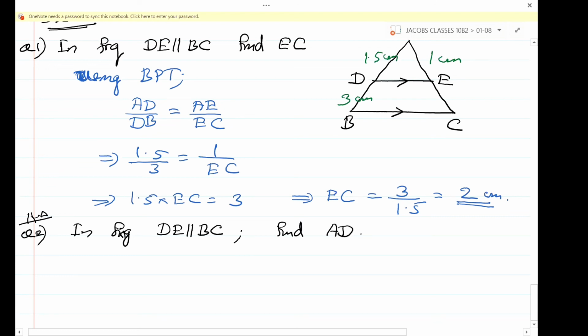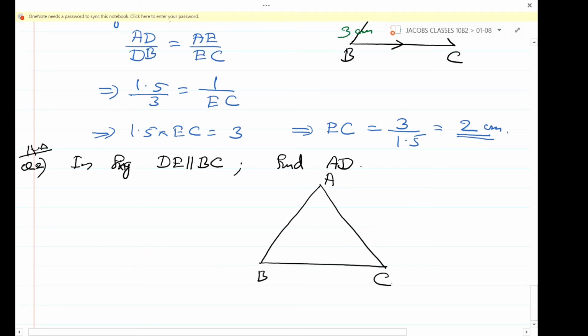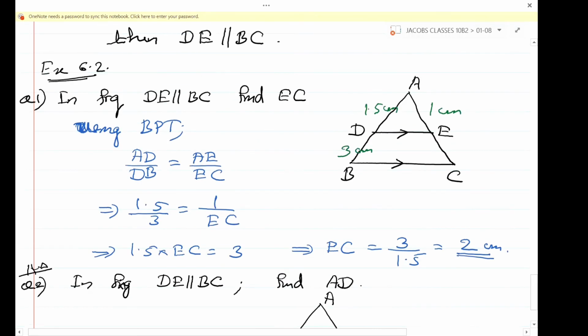Find AD. This is a triangle ABC. Sir, could you scroll a bit up? Okay. Is it enough? Yes. Okay, please complete.